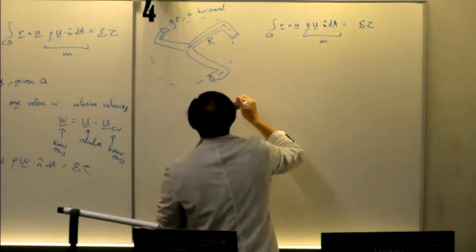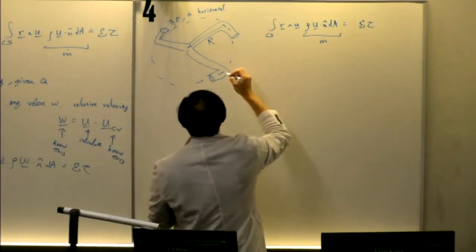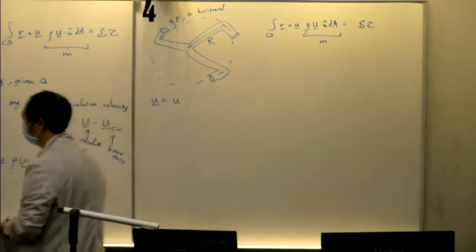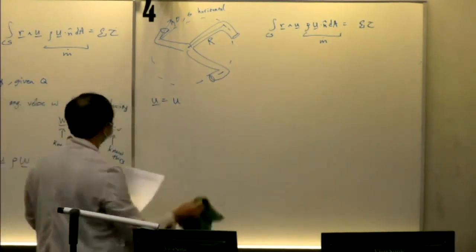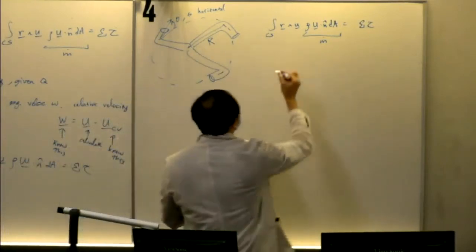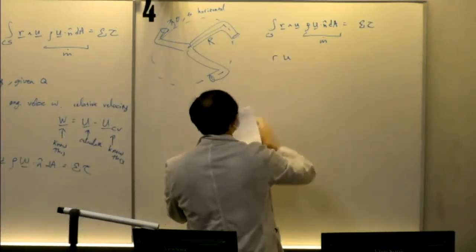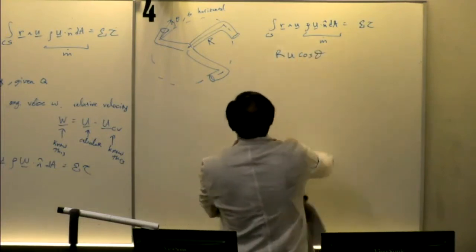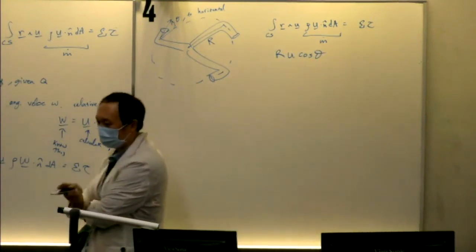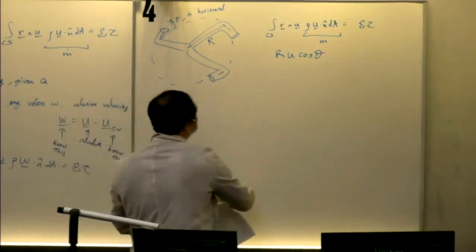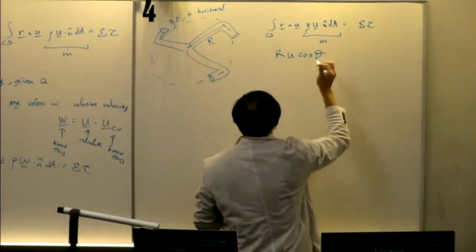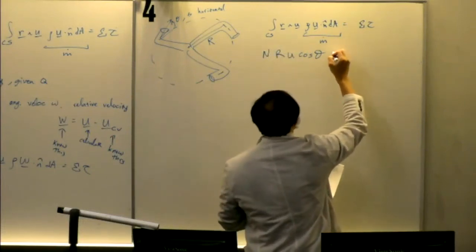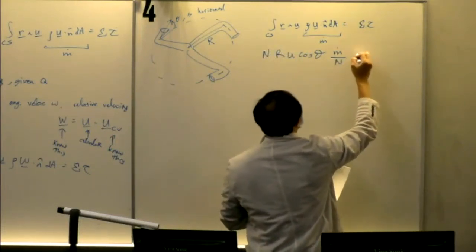But r cross u, here u is going to be the component that is in the vertical direction, so we get capital R u cosine theta. When theta is 0, you get the full component of r cross u. When theta is non-zero, you don't get that component. And that's times n, we keep it general, and this is m dot over n. Okay.